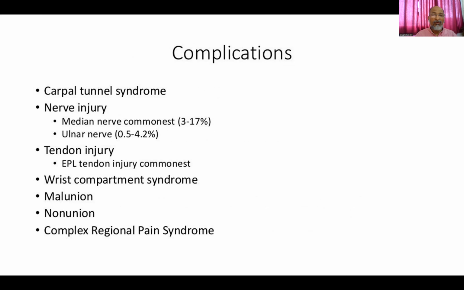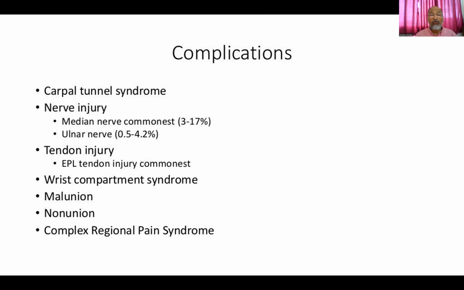Then the complications can be carpal tunnel syndrome and nerve injury, the median nerve being the commonest, the ulnar nerve 0.5 to 4%. Then you've got tendon injury because of callus formation and rough surface and so many other things, so that has to be taken care of. The extensor pollicis longus is the commonest tendon.